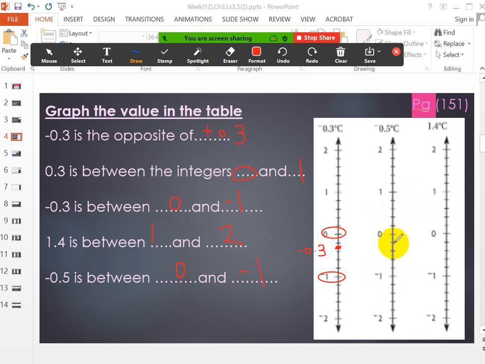Look, the number line between 2 integers is also divided into 5 equal parts. 0.5 all the time will be in the middle, in the middle between those integers. So negative 0.2, negative 0.4, this is negative 0.6. So it will be between negative 0.4 and negative 0.6, in the middle of those numbers. So this is negative 0.5.